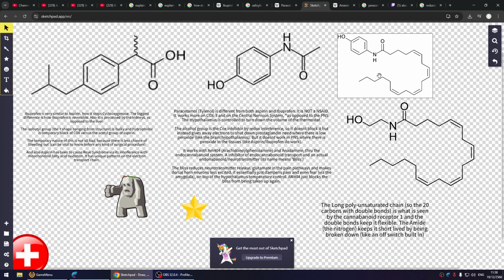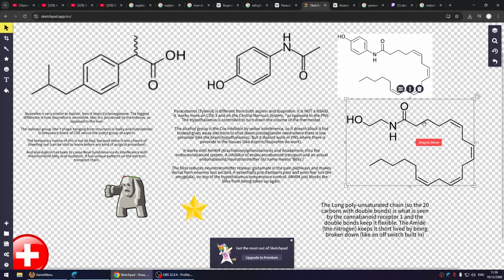So these chains are what keep its function, so it gives it its function. So this is what's recognized by the endocannabinoid transporter, so the cannabinoid system. So this is the actual cannabinoid. Anandamide is an actual cannabinoid.